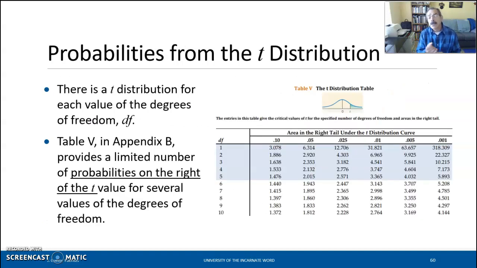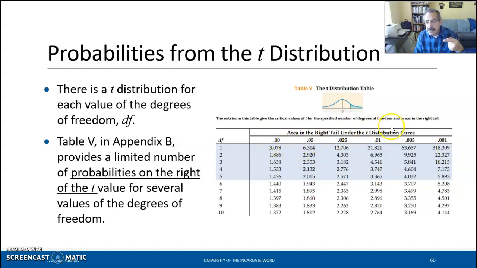All right, to get probabilities from the t distribution, we're going to use table 5 that's posted on Blackboard. Please print it and use it for your homework, and you're going to use it for your exam. And here are the key differences between table 5 and table 4. Number 1, each row is one t distribution.